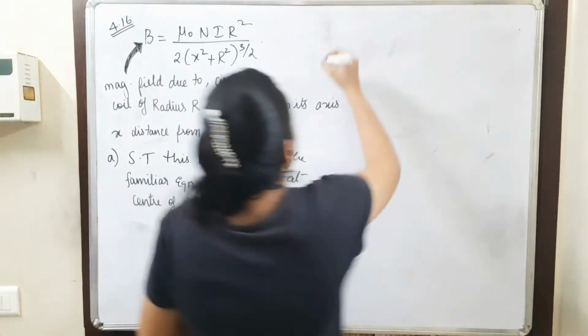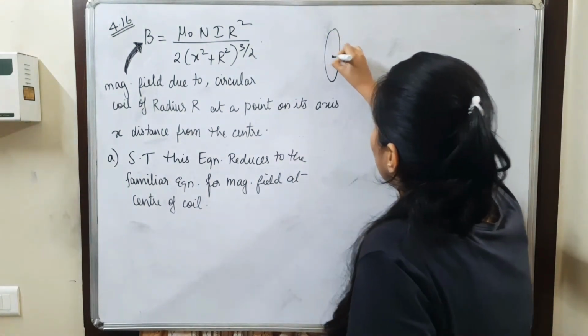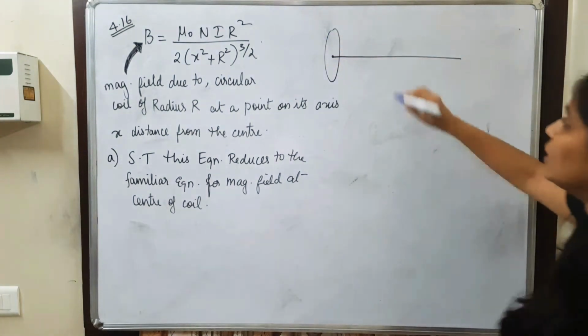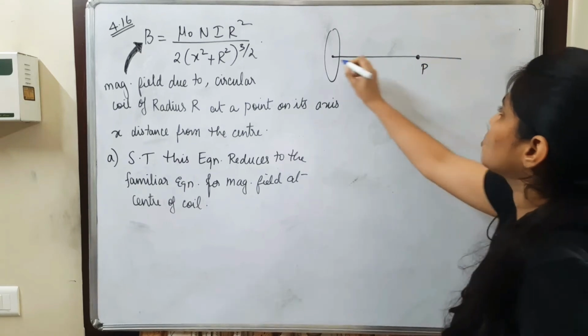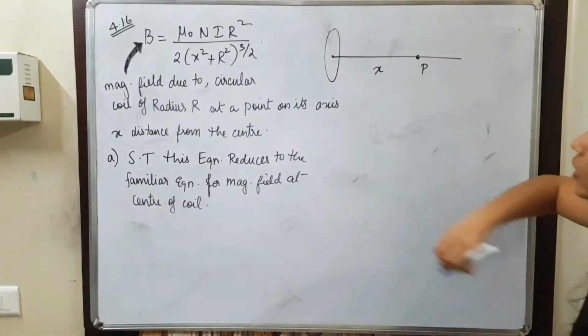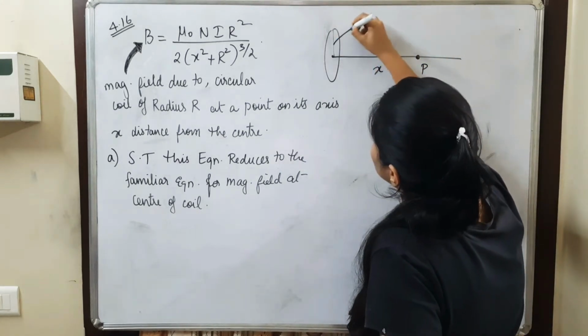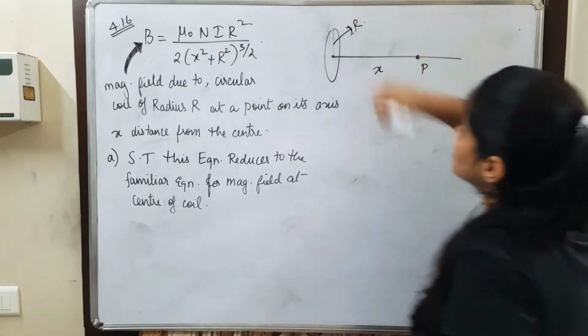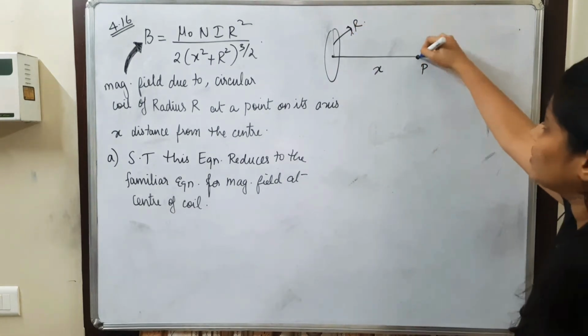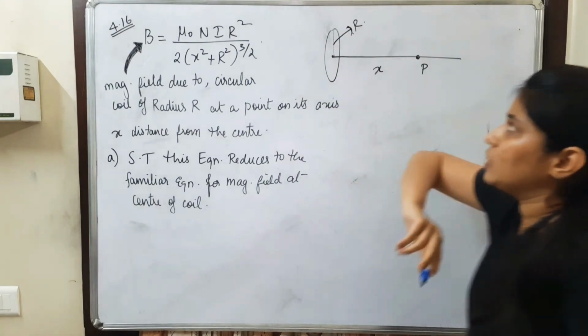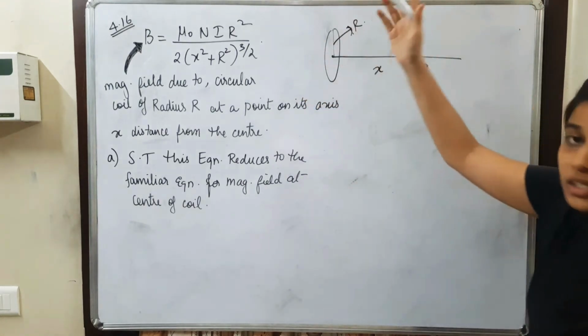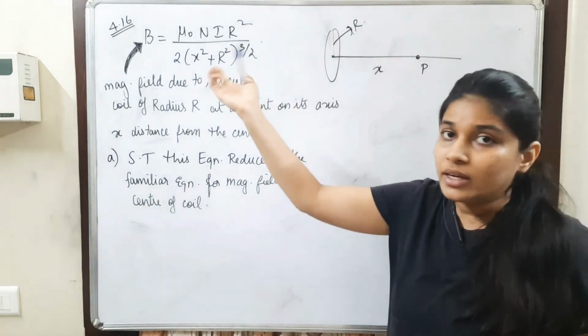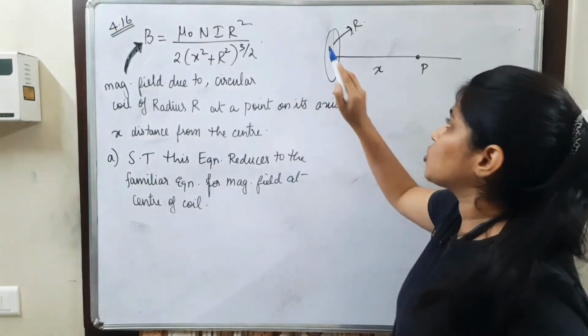This means there is a circular coil, and along the axis of the coil you choose a point P which is at a distance x from the coil, and this length is capital R, that is the radius. Now they are saying that at this point this is the magnetic field. So whether this equation will be valid if this point P is kept at the center?